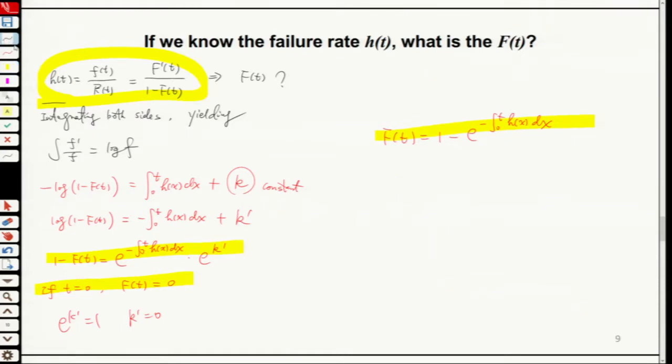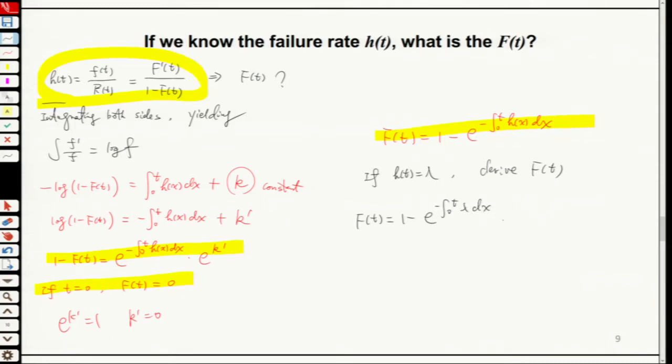Now let's do it again. If h(t) equals lambda, a constant failure rate, derive F(t). You see, this will become 1 minus exponential of minus the integral from 0 to t of lambda dx.